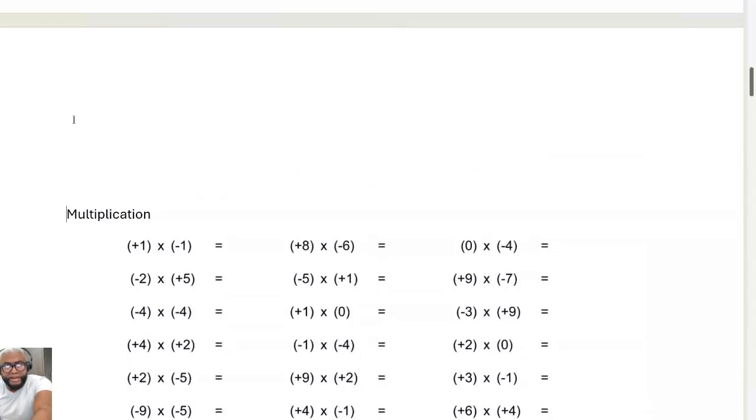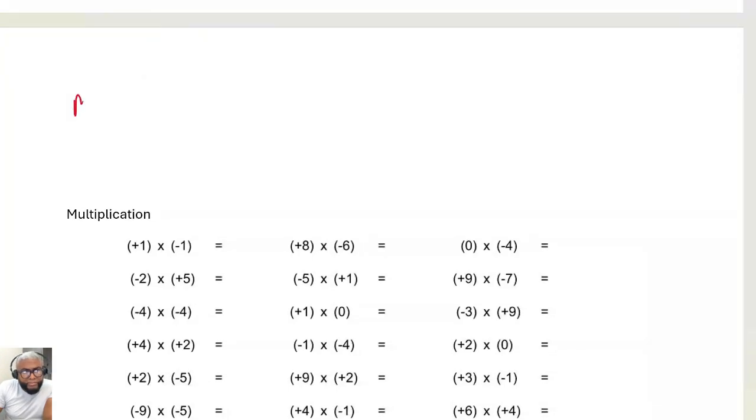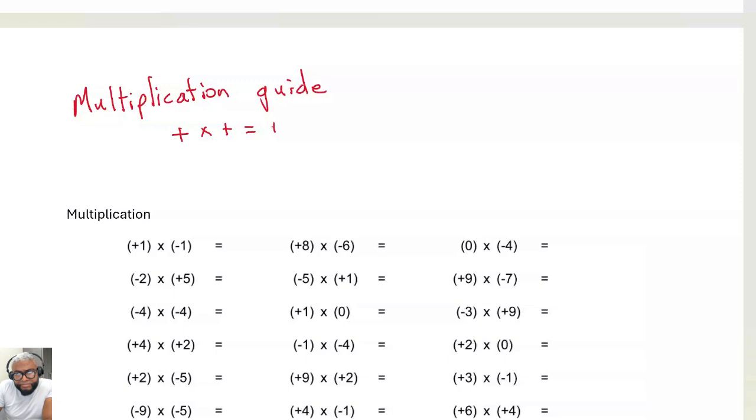So let me write this as our guide, right? This is multiplication. We're going to call it the multiplication guide, right? So a positive multiplied by a positive is a positive. A negative multiplied by a negative is a positive, right?